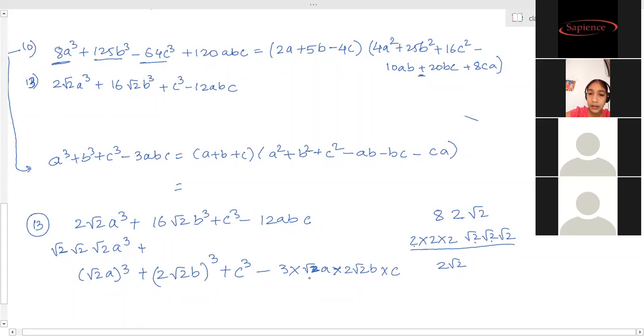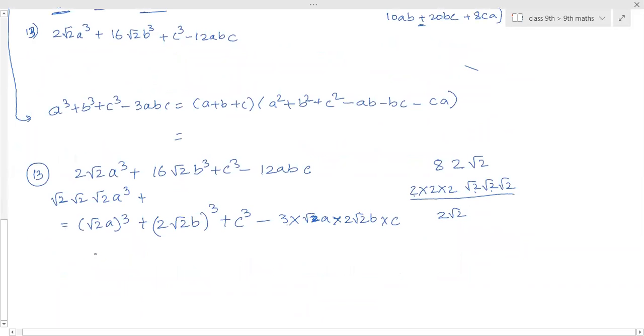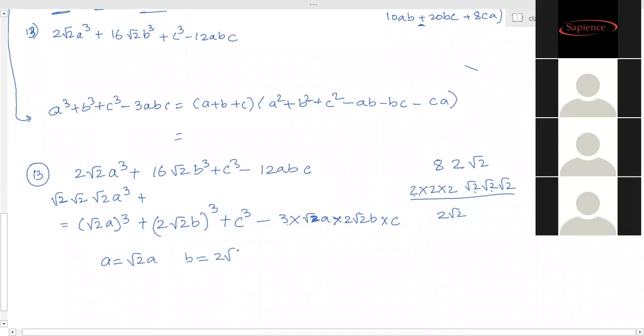Does it make 12? Check. 3 into 2 is 6, root 2 into root 2 is 2, 6 twos are 12abc. So 12abc, we got it. Is it clear? Now write the value of a as root 2a, b is 2 root 2b, and c is c.